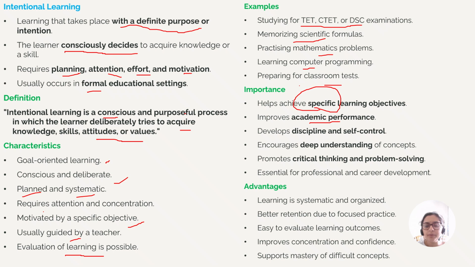If you learn in a proper, formal way, you will be able to achieve academically. It develops discipline and self-control. It encourages deep understanding of the concept and promotes critical thinking and problem solving. It is essential for professional and career development.